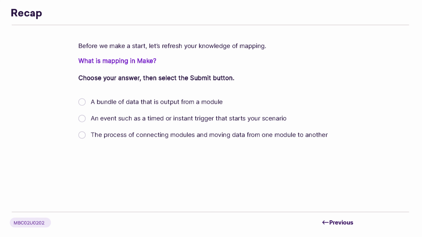Let's get started. Before diving deeper into mapping in Make, let's quickly refresh our understanding. Mapping is essentially about how we connect different modules and transfer data smoothly from one to the next. Imagine it as a relay race, where the baton represents bundles of data. These data bundles are outputs from one module ready to be passed on.